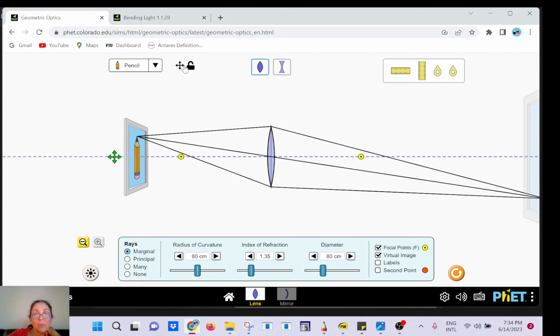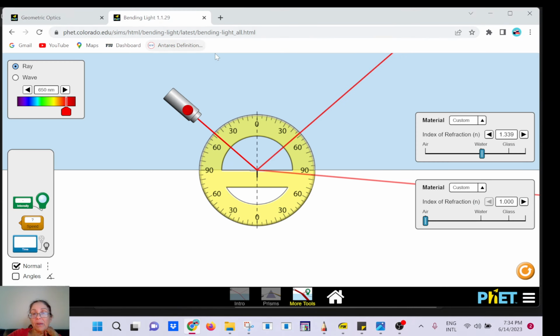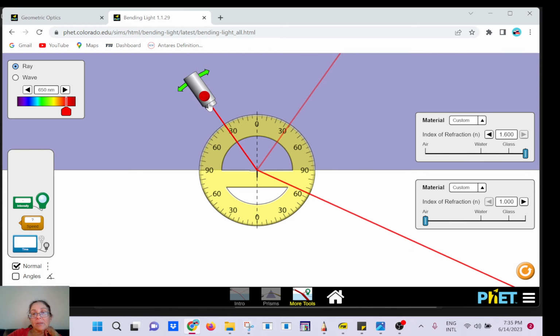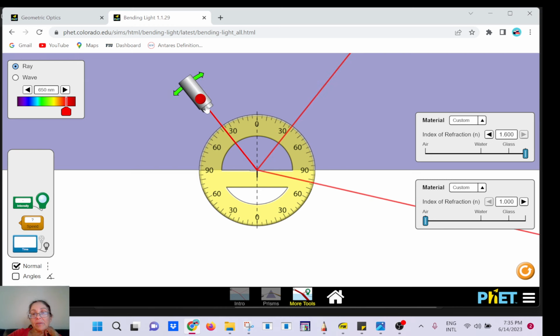Again, I highly recommend that you play with this app. You see that if I increase the density of the material, then the critical angle is going to get smaller, right? Instead of having 48, now I have like 38 degrees.